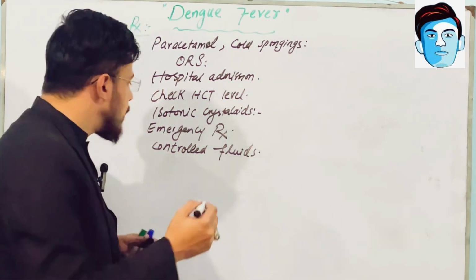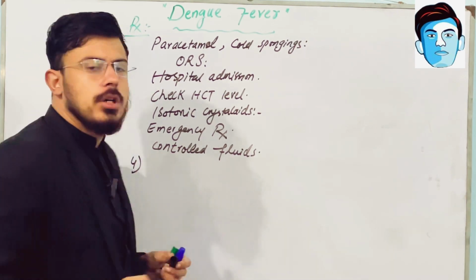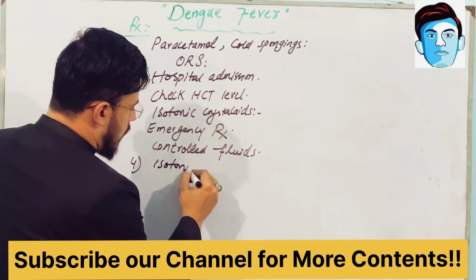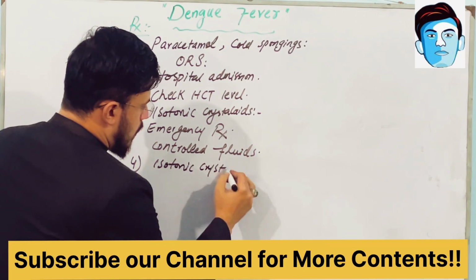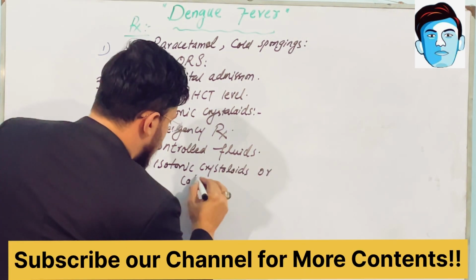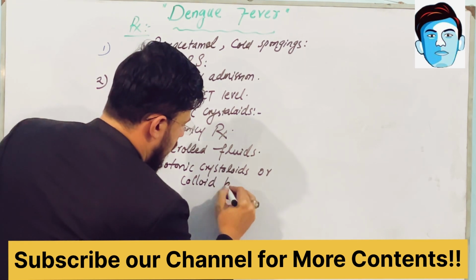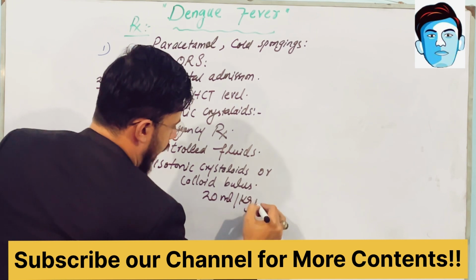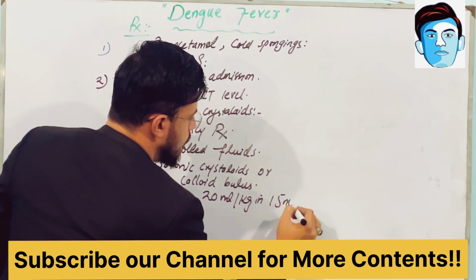And in stage 4, we can give isotonic crystalloids, colloid bolus, ml per kg in 15 minutes. So that's all about the day.